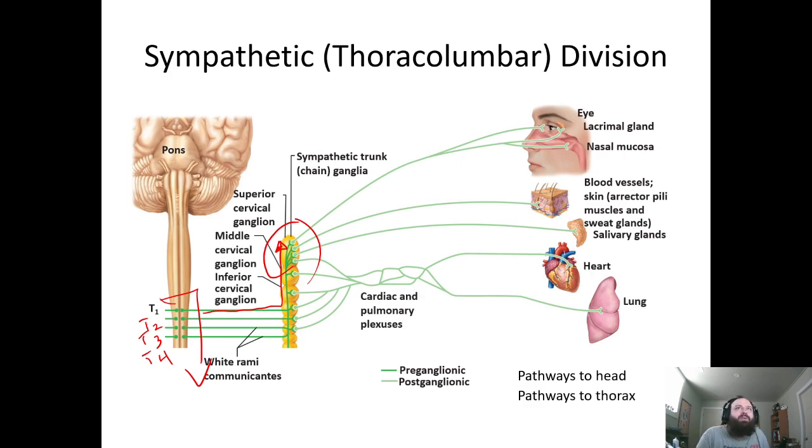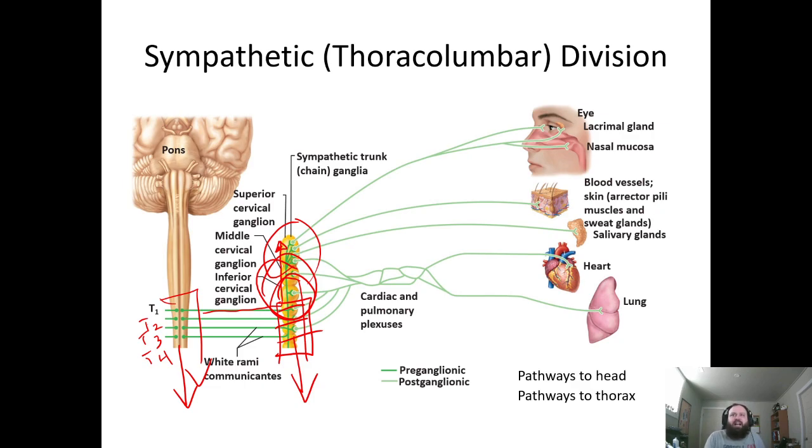There are also pathways that emerge from the thorax, so down here, which emerge from T1 through T6. These synapse in the middle cervical ganglia over here, the inferior cervical ganglia down here, or simply the trunk ganglia at their level, so corresponding to each level. Or they can actually take the descent route as well.